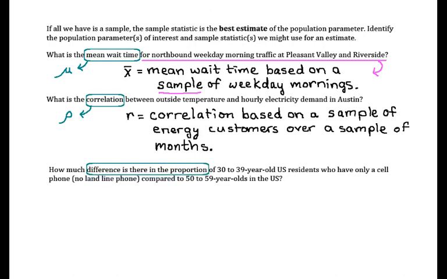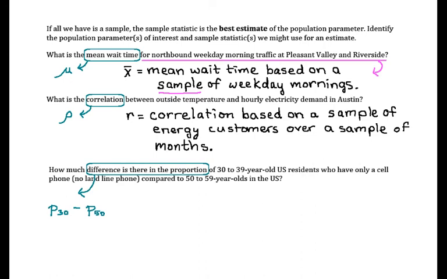And it's not just one proportion, but two. So we want to think of that as being something we would write in terms of two parameters. So maybe we'll call one of them P sub 30 and the other P sub 50. And we'll just let that first number represent the whole range of 30 to 39 and the whole range of 50 to 59.